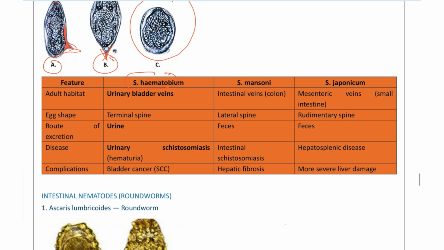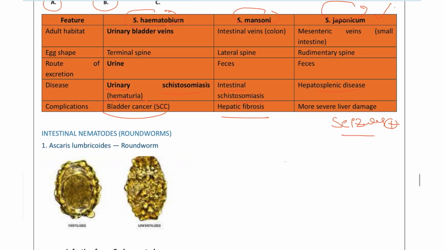Haematobium is going to cause urinary symptoms, okay, bladder cancer associated. Mansoni is going to cause intestinal schistosomiasis and hepatic fibrosis. Japonicum is going to cause hepatosplenic disease, and japonicum can also cause seizures.